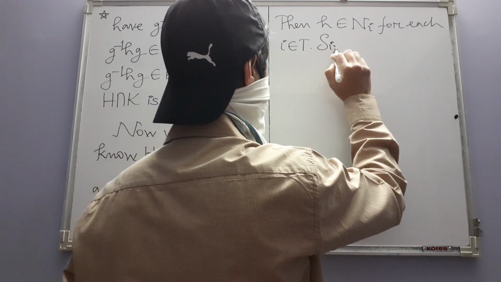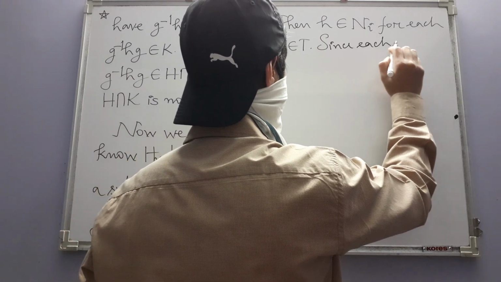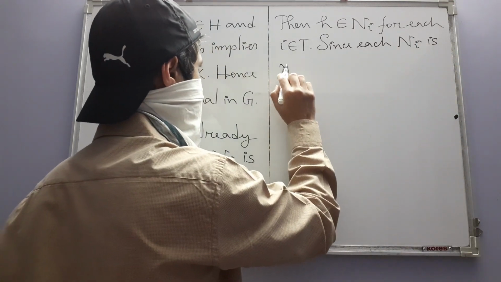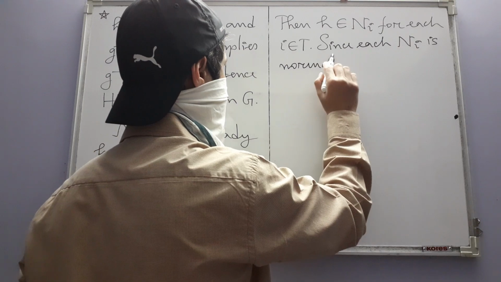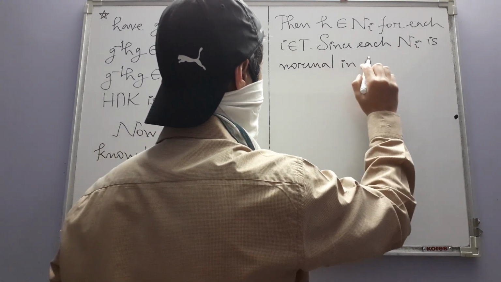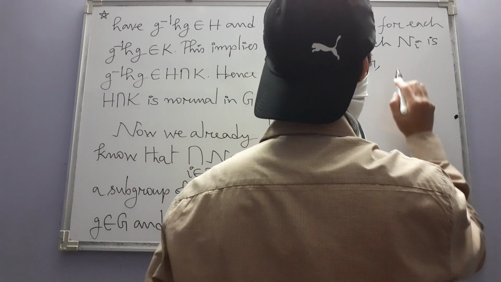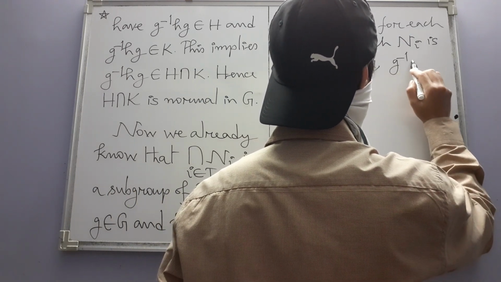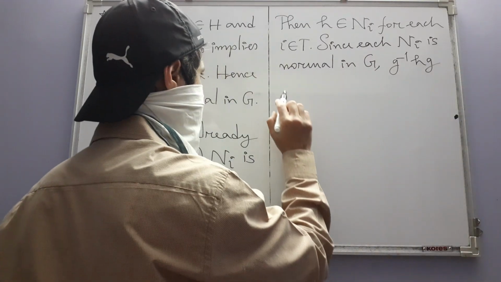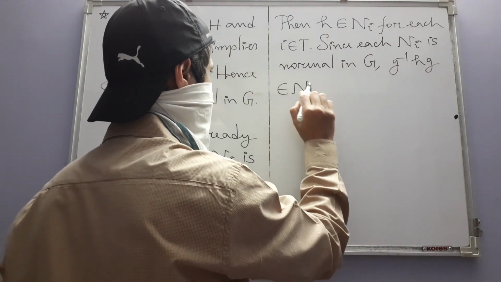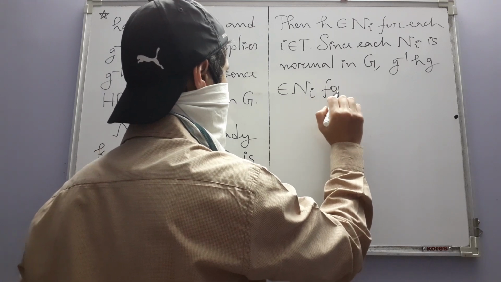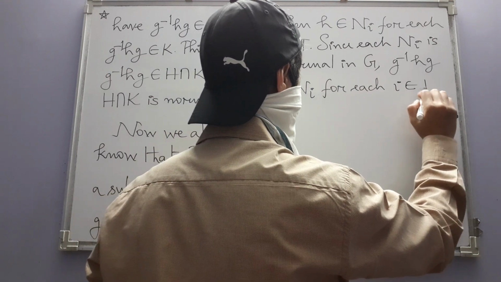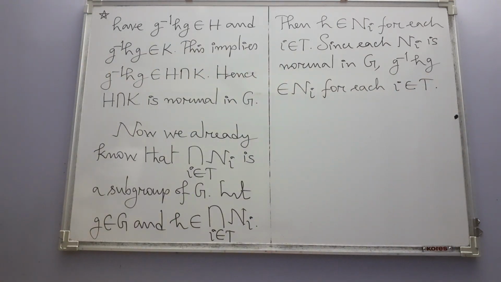Anyway, let's continue. Since each Ni is normal in G, g inverse hg belongs to Ni for each i belonging to our index set.